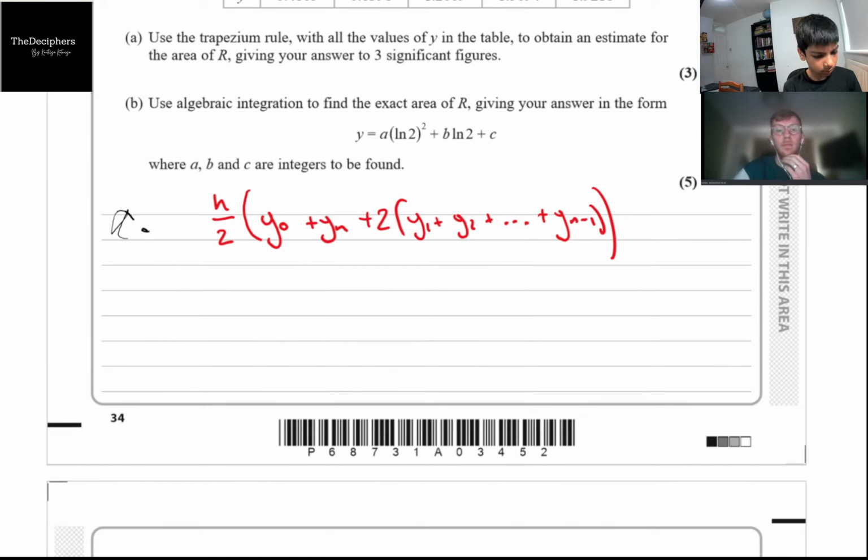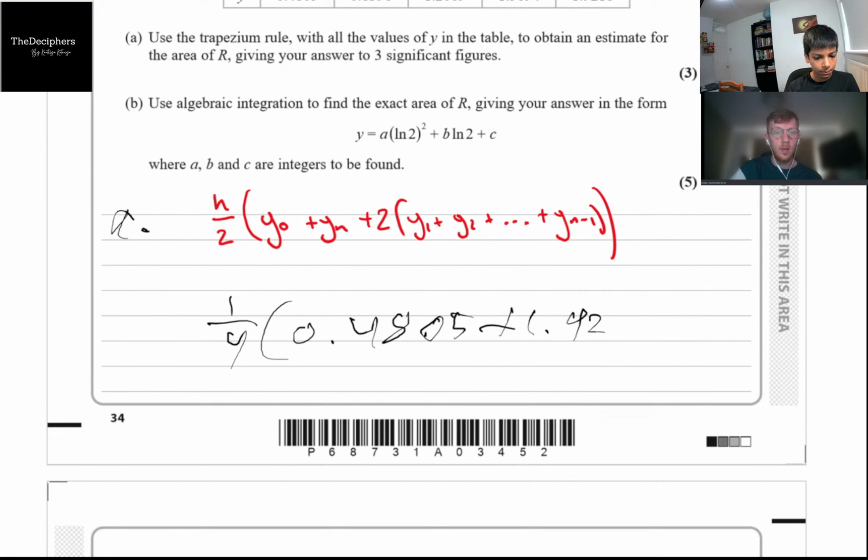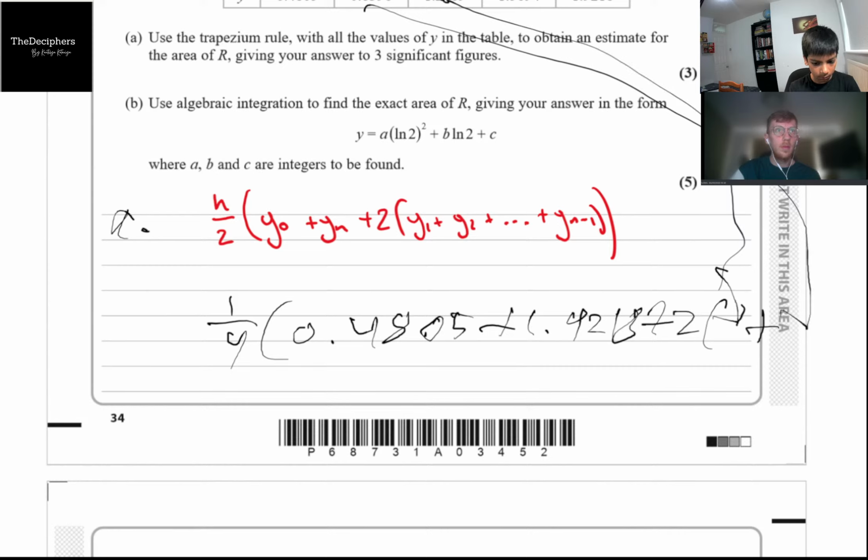So a quarter, that's the same as a quarter times 0.4805 plus 1.9218 plus 2 times all of this plus that, and then dot dot dot.